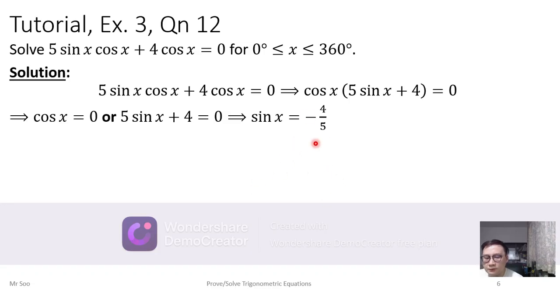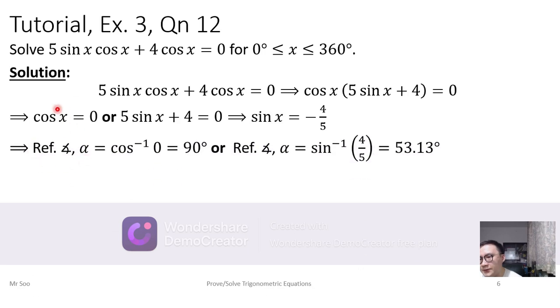For cosine x equals 0, your reference angle will be inverse cosine 0, which is 90 degree. For sine x equals minus 4/5, your reference angle will be inverse sine 4/5. When you find the reference angle, you drop the negative sign and take the positive value instead.